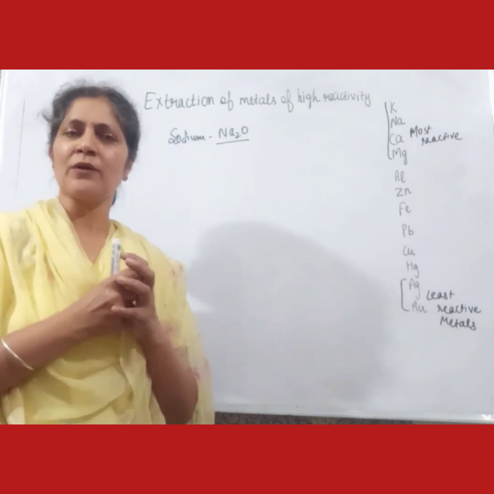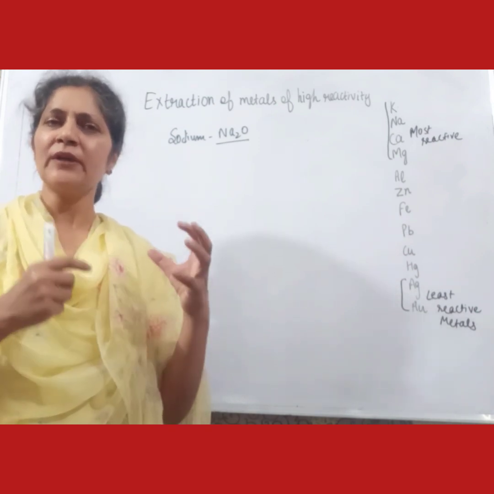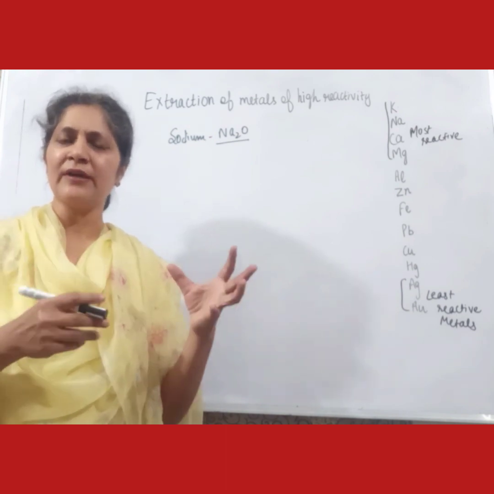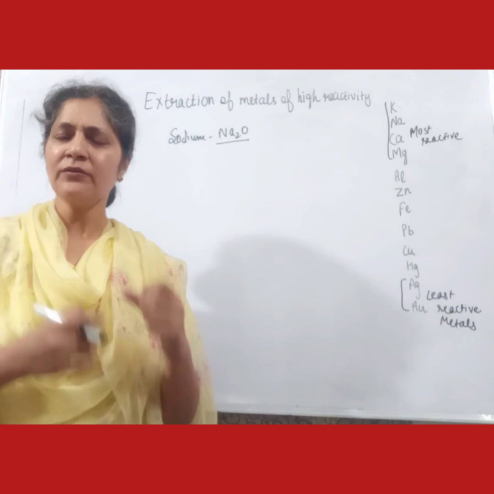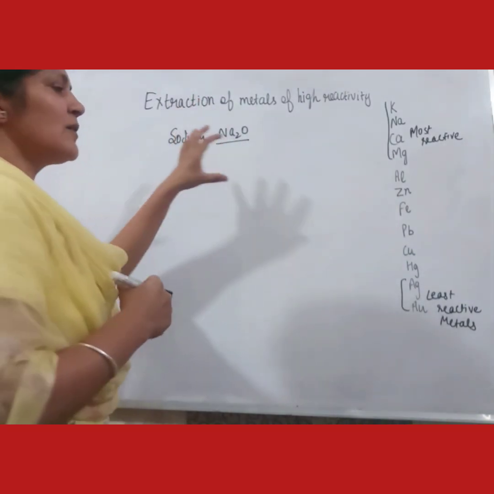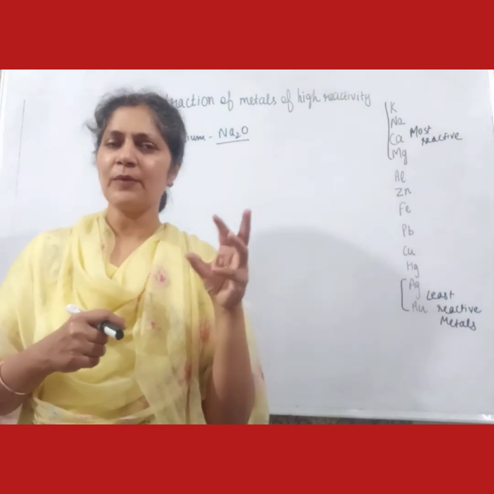They have stronger bonds with oxygen. So it is not possible to heat them with carbon, because carbon cannot reduce these metal oxides, and by this method we cannot extract the pure metal.